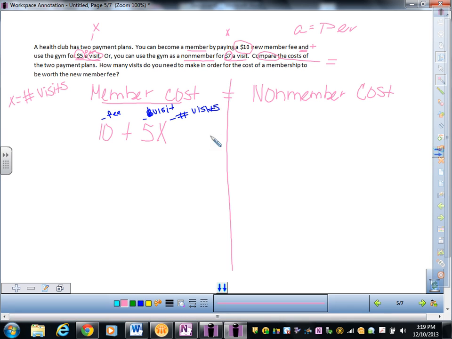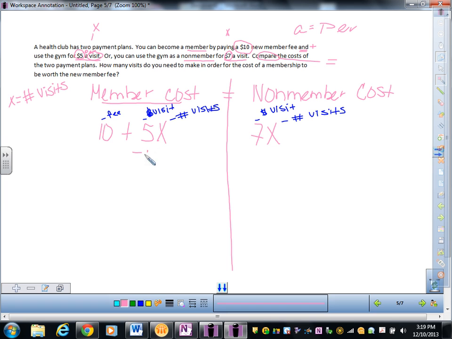And then the non-members pay $7 per visit, and per means times, and number of visits we said was going to be x. So you've got the cost per visit and the number of visits represented here. Then we can solve our equation.